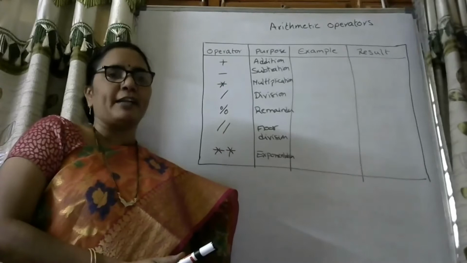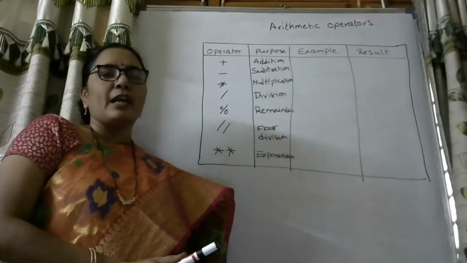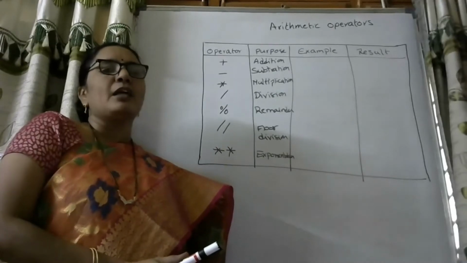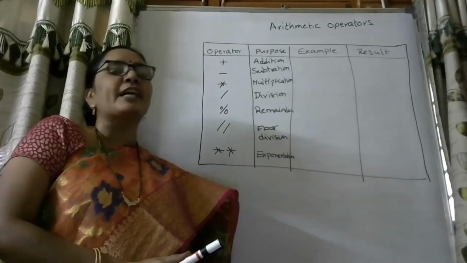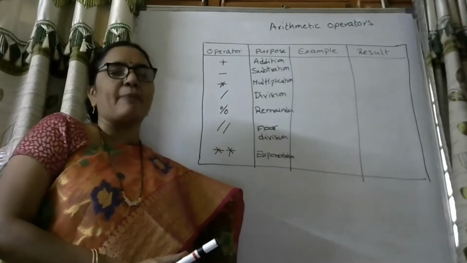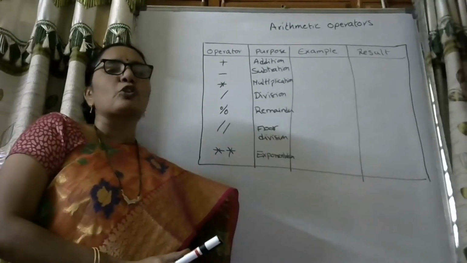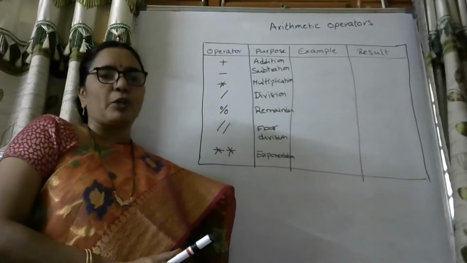Nothing much different. And the last 2 operators, that is double slash, is used to perform the integer division. And double star is used to calculate the power of, that is the exponentiation.